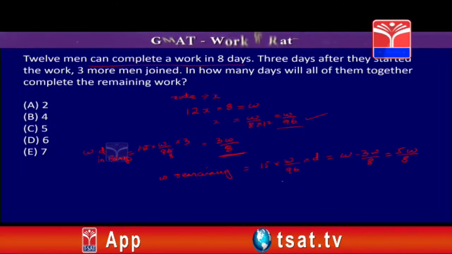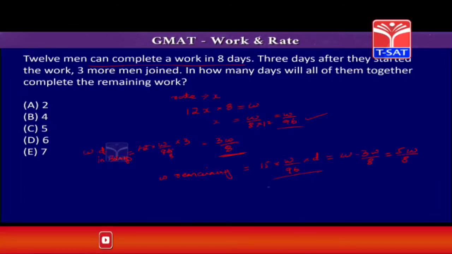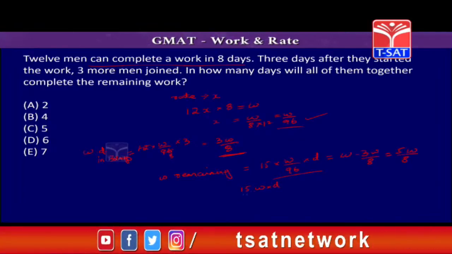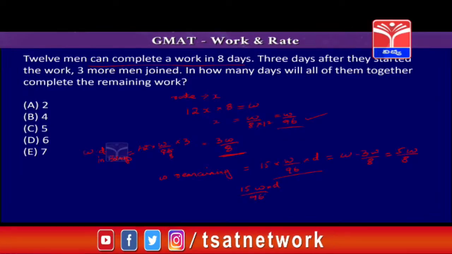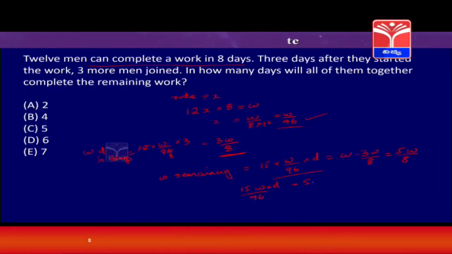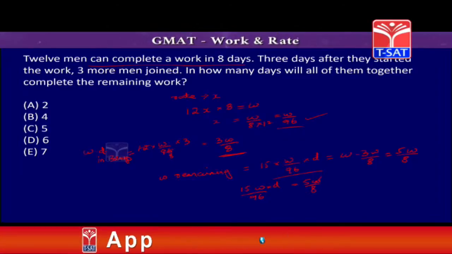So here we get the equation that 15 into W into the number of days D, divided by 96, is equal to 5W by 8. W gets cancelled, 5 3s are 15, 8 into 12 is 96, 3 4s are 12.